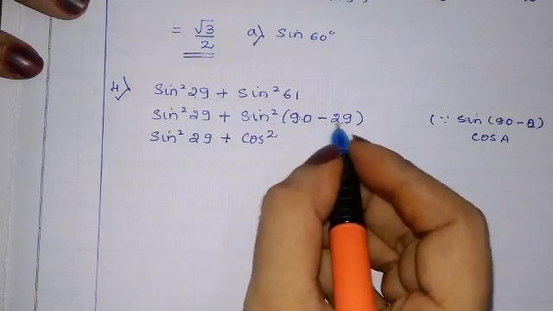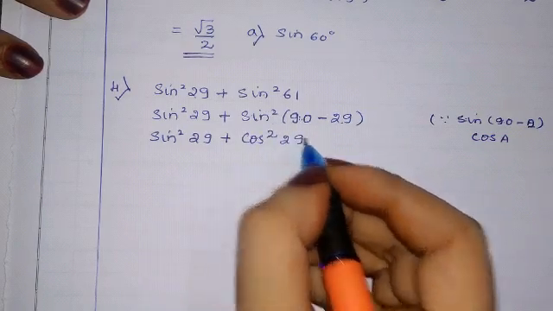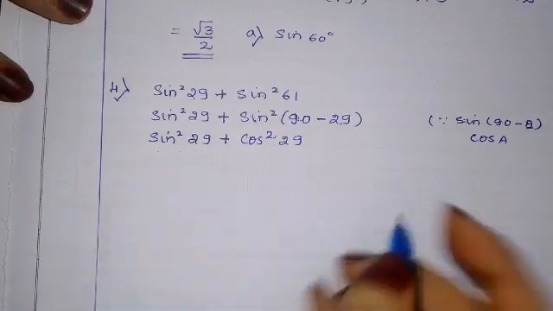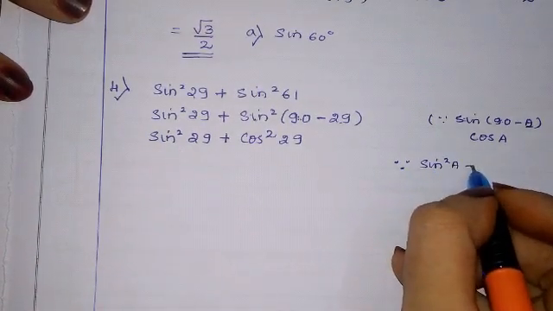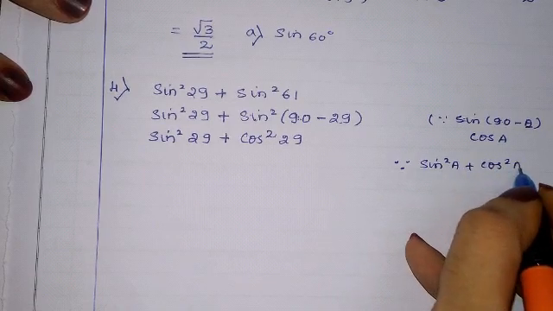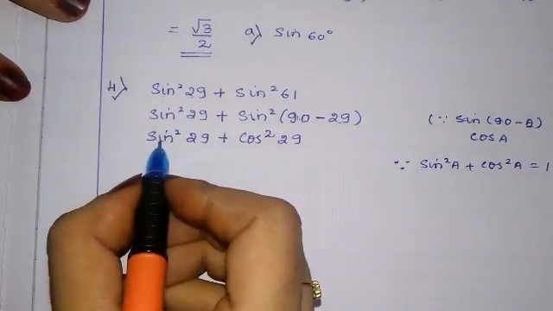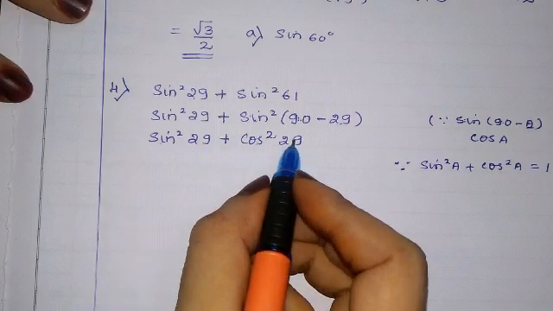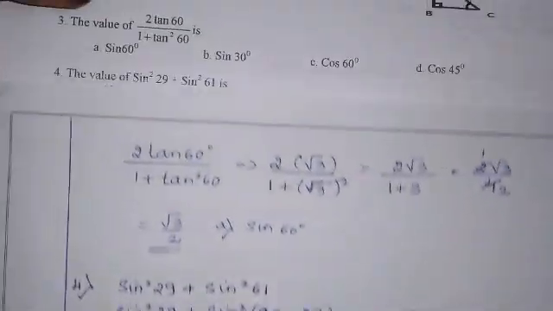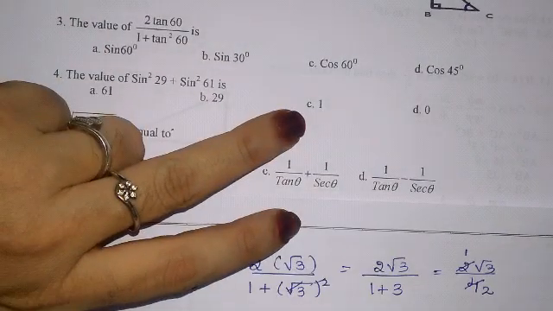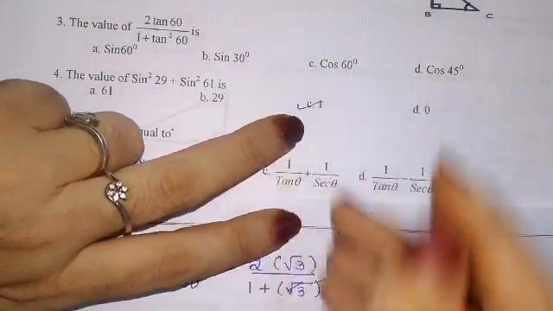Now we know this identity: sine square A plus cos square A is 1. So sine square 29 plus cos square 29 is nothing but 1. So the correct option is C, 1.